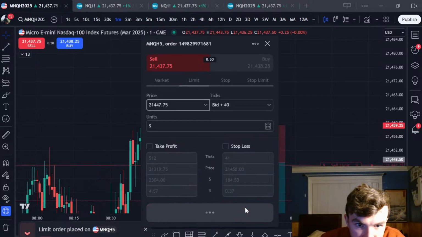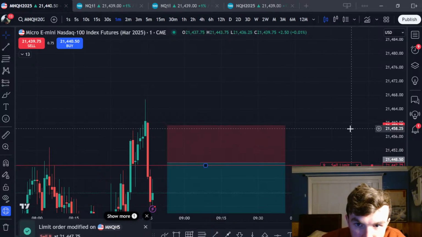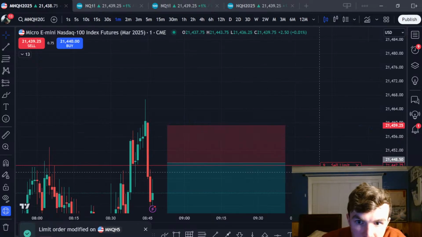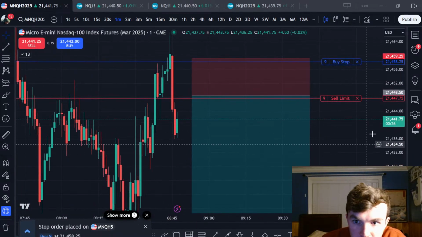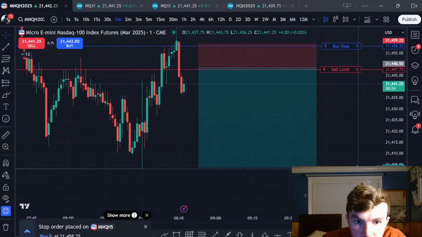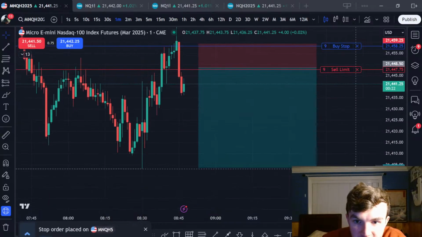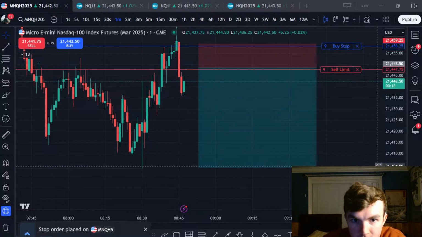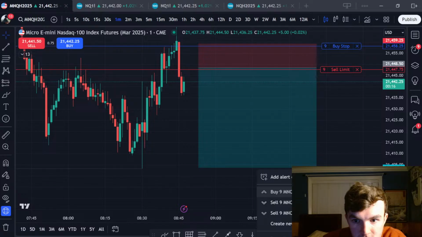Right at the breaker. And then stop loss above the breaker. Down to the equal lows and the data low. This is just on one account, just so you guys know.